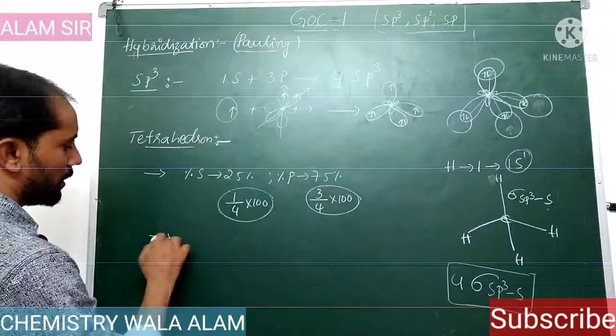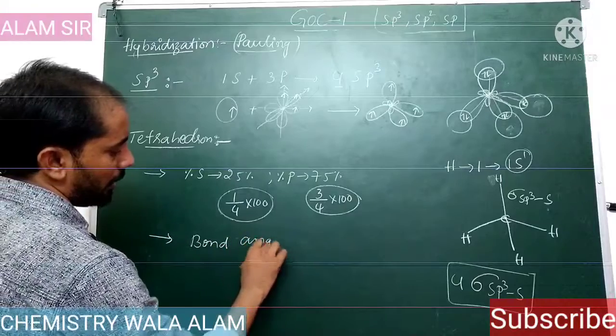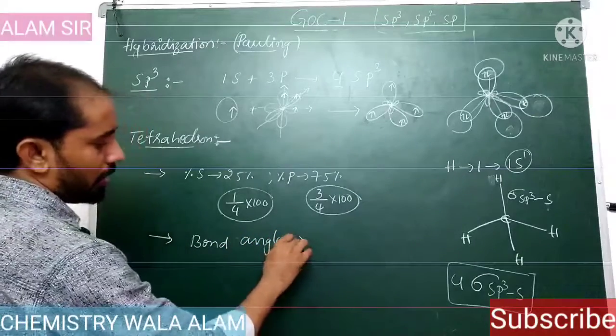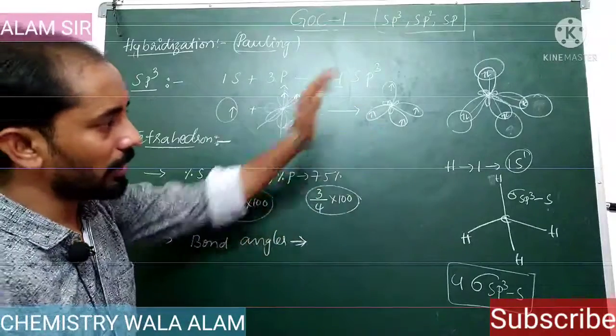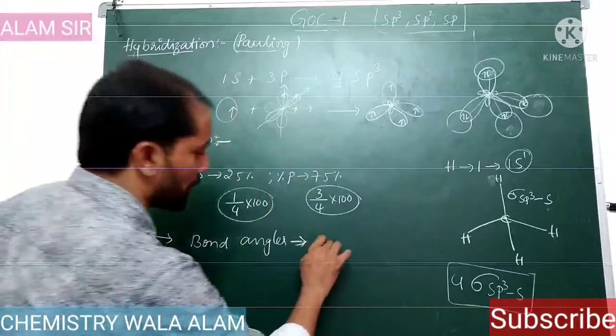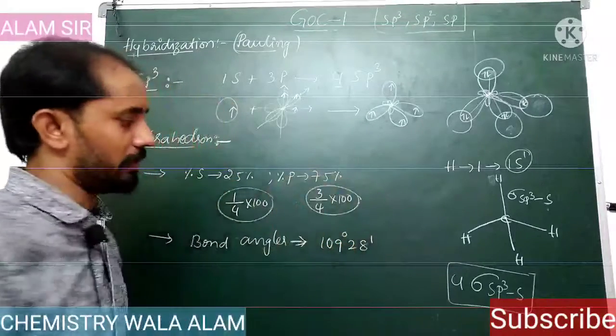Next one, bond angles. Generally, if the sp3 hybridization is without any lone pairs, that means a regular tetrahedron, so the bond angle is 109 degrees 28 minutes.